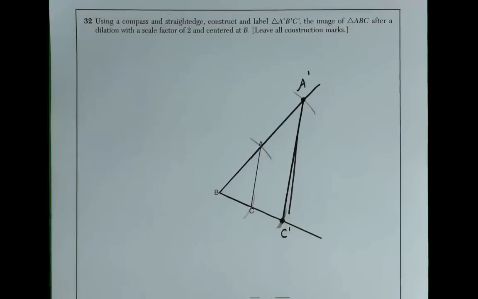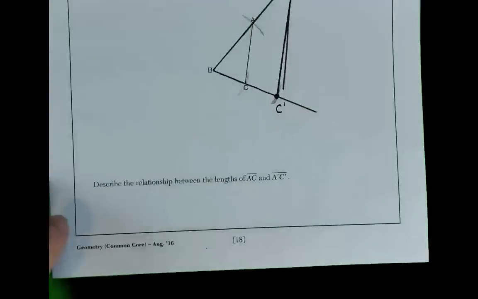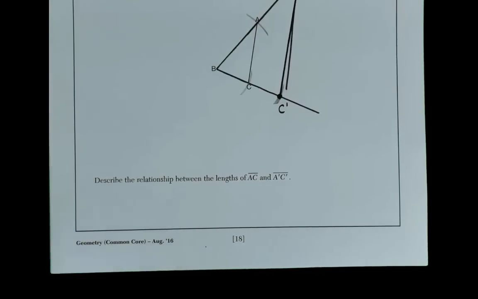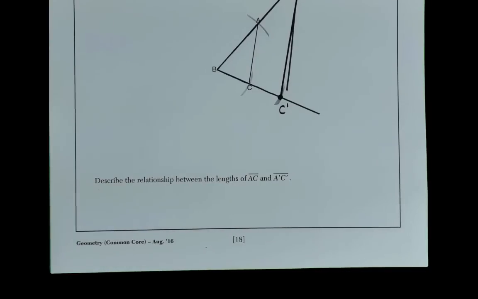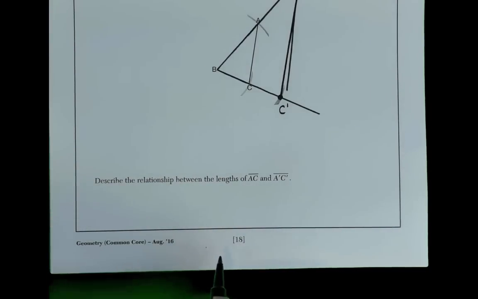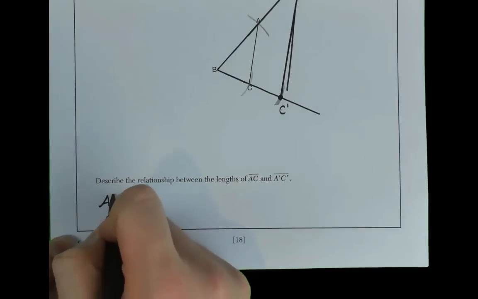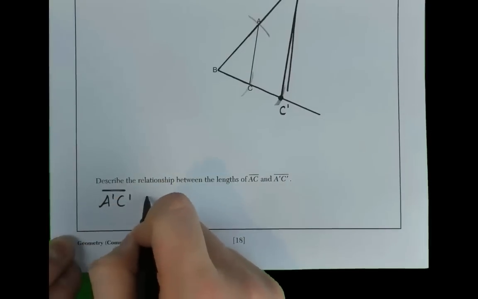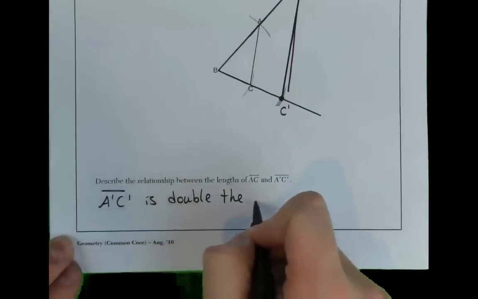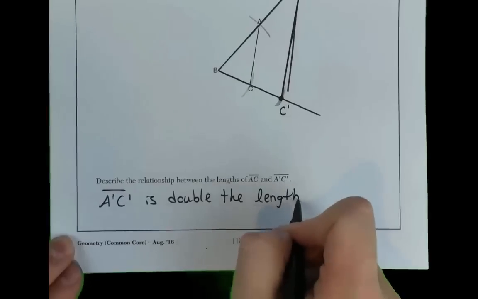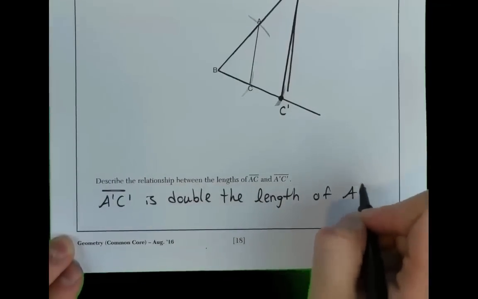Now, there's a follow-up question down below, and it says here, describe the relationship between the lengths of AC and A prime C prime. This was just said previously in this video. All you need to say is that A prime C prime is double the length of AC.